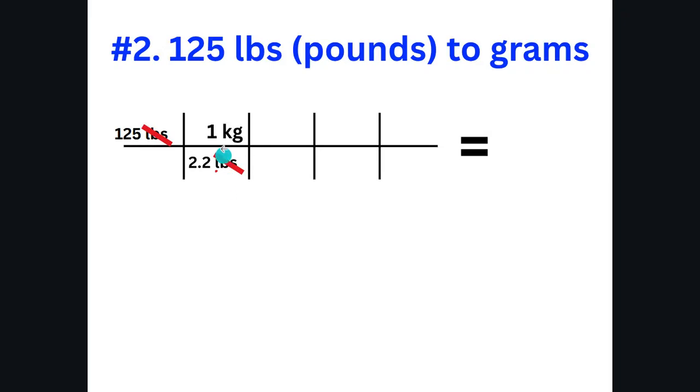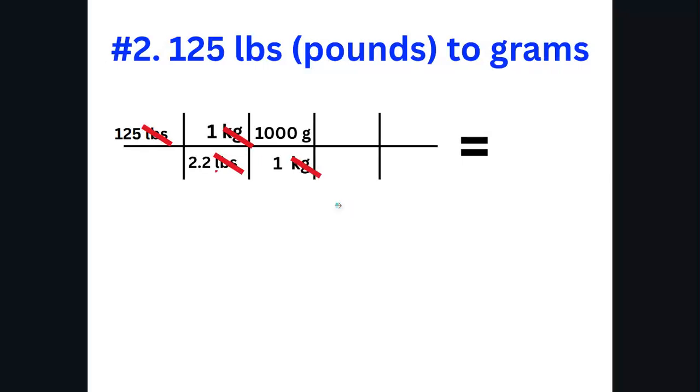We do. We'll bring down kilograms, and 1 kilogram is equivalent to 1,000 grams. Now we can cancel out our kilograms unit. We've gotten to the unit that we're trying to convert to.